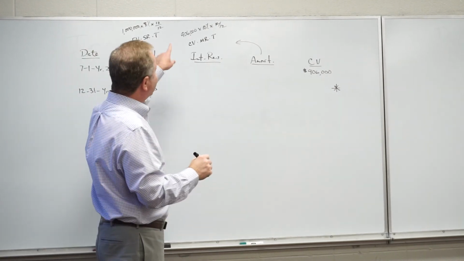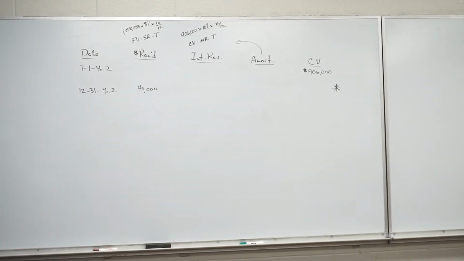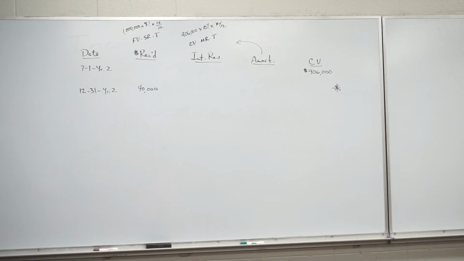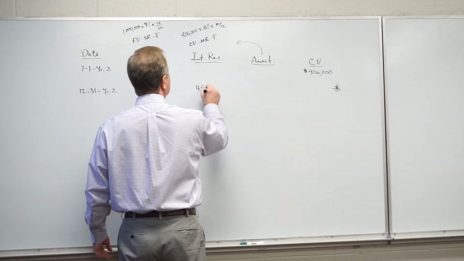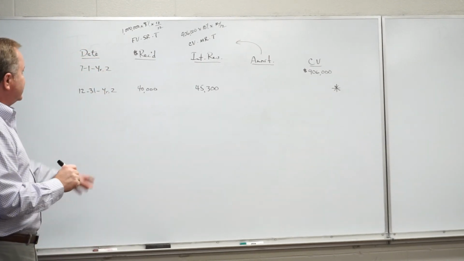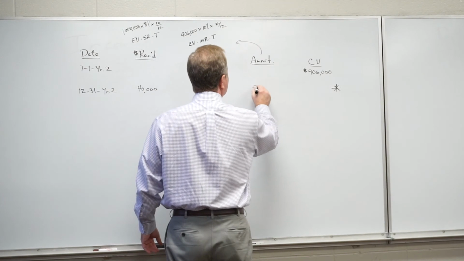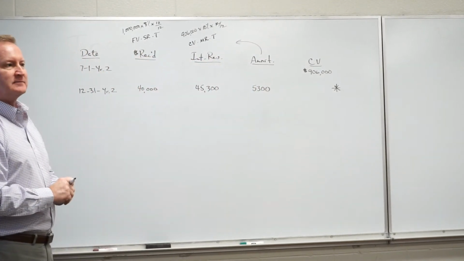Okay, now take 906,000, multiply times 10%, and then multiply that times 1/2. 45,300. Okay, so the amortization is how much? 5,300, right?